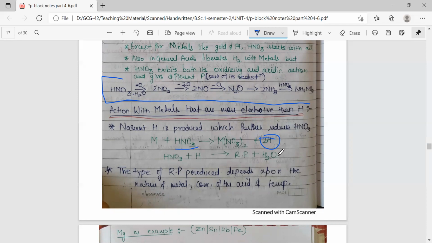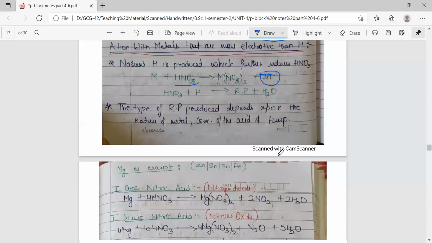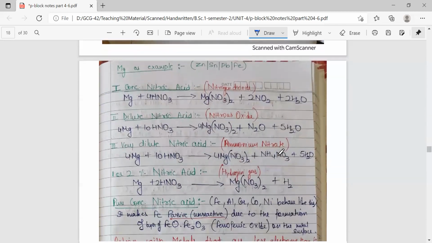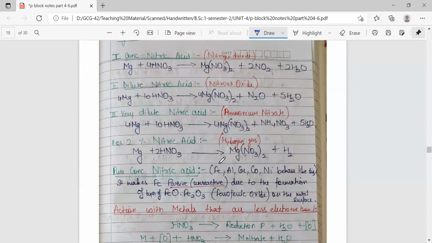The type of reduction products produced will depend upon the nature of the metal, the concentration of the acid, and the temperature. In these reactions, we have taken magnesium as the model metal, and by changing the conditions we'll see what kind of products are formed. First, concentrated nitric acid with magnesium gives magnesium nitrate and nitrogen dioxide gas.